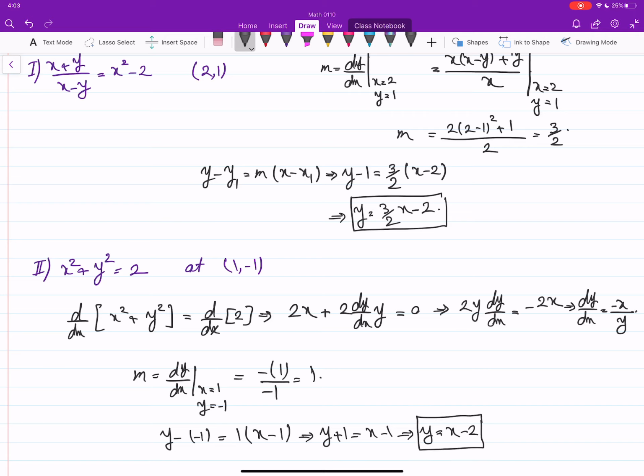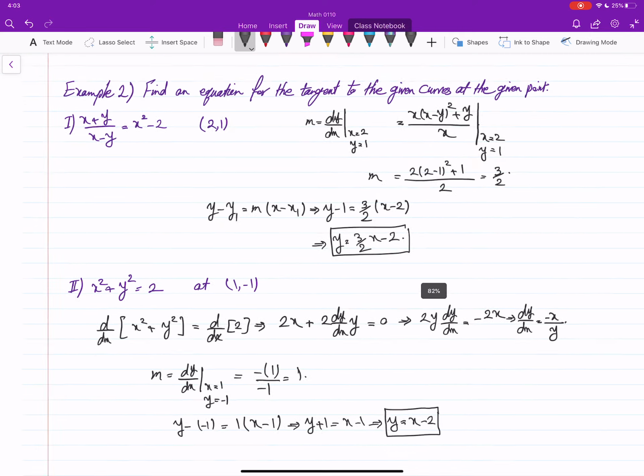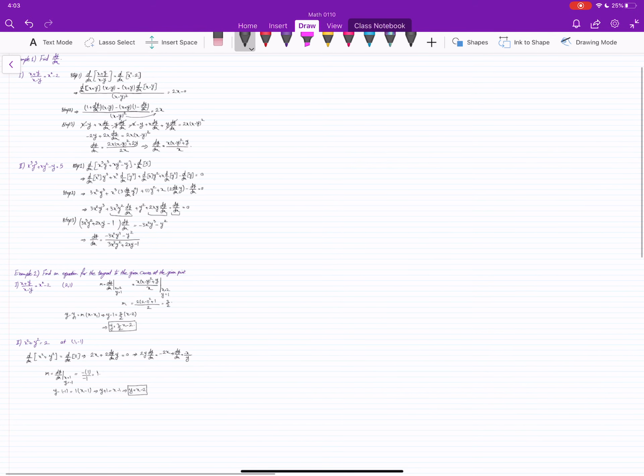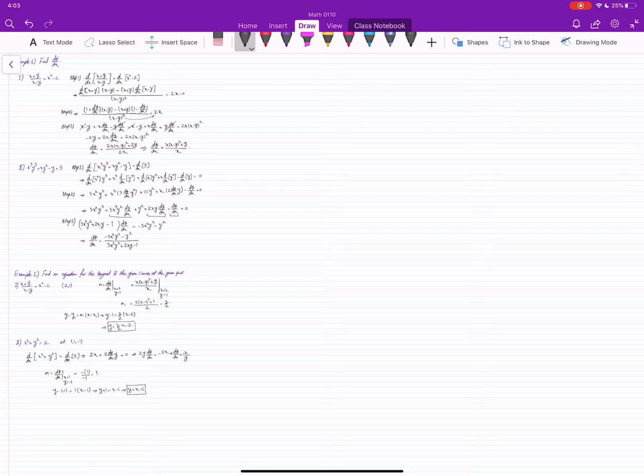That is the tangent line to the curve x squared plus y squared equals 2 at (1, negative 1). So these were the examples we had. Again, you have to take the steps one by one, and if you want to evaluate after you differentiate, you can just evaluate the derivative at the given values.